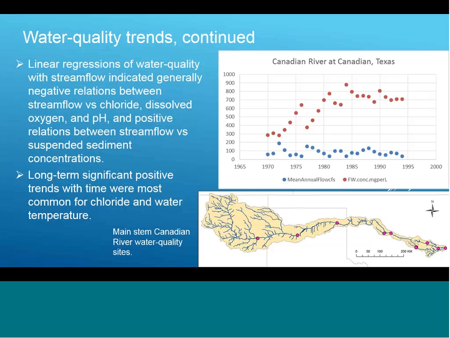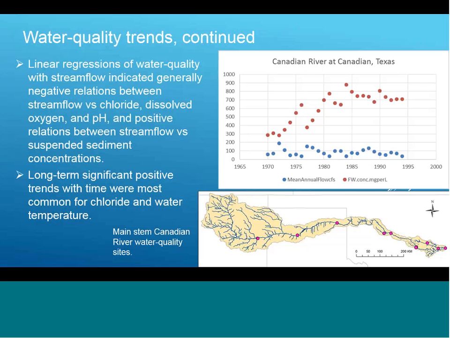So just one simple slide on water quality trends. We did do some linear regressions with streamflow, and those indicated generally negative relations between streamflow and chloride. So essentially the chloride is coming in largely in the base flow components seeping to the streams from groundwater.